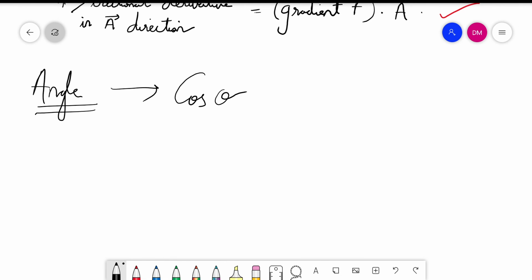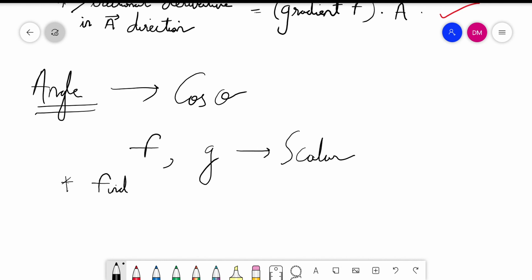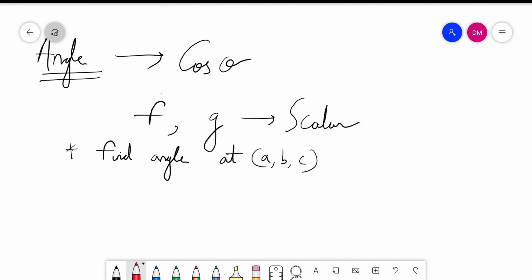If f and g are scalar, and it is told to find the angle at this point A, B, C, how can you find this? The question is f and g are scalar and you need to find the angle at point A, B, C. So what might be the formula?